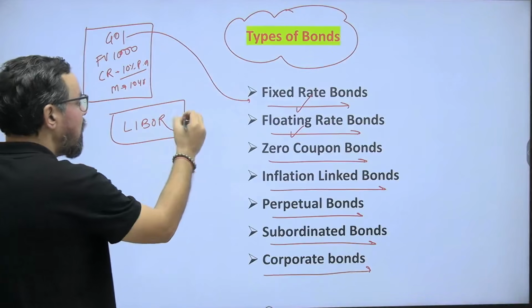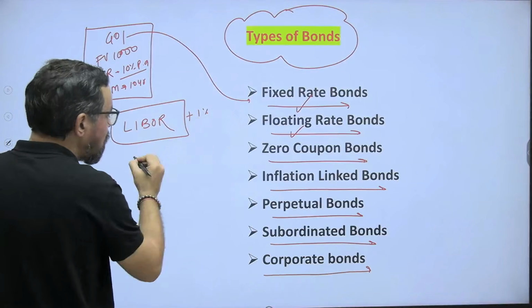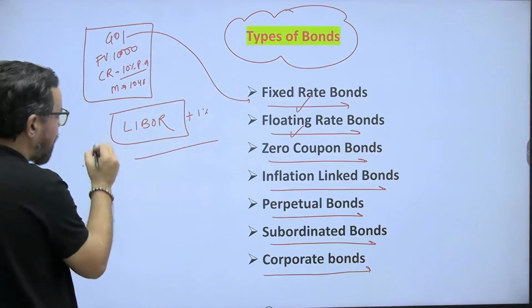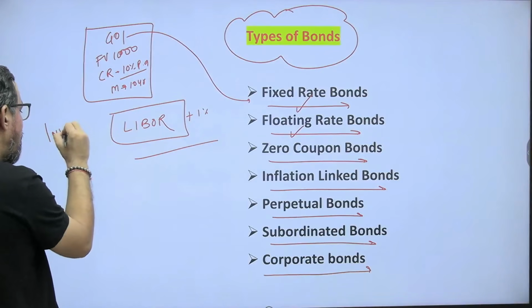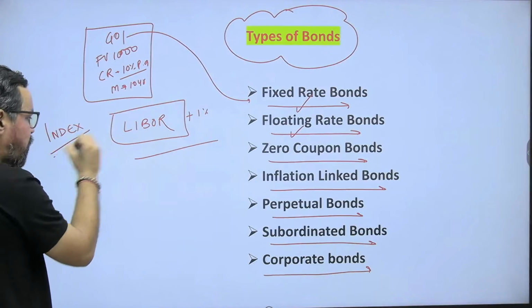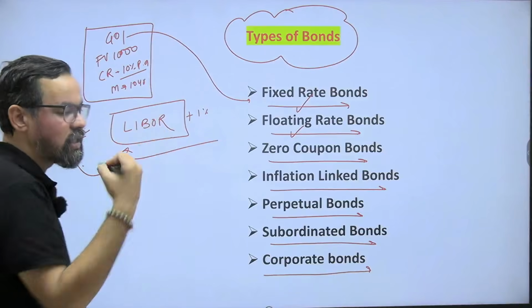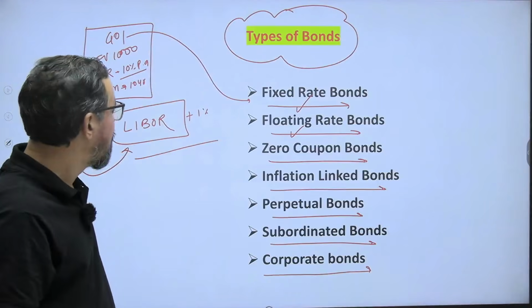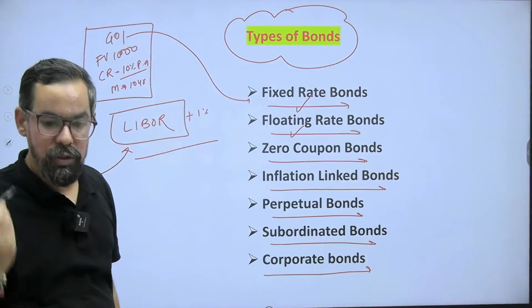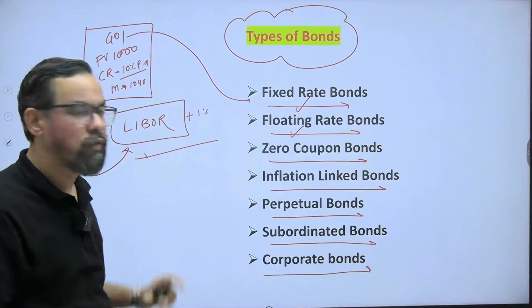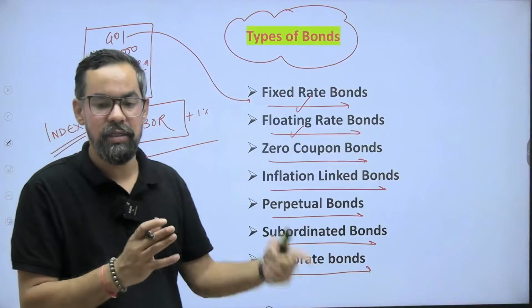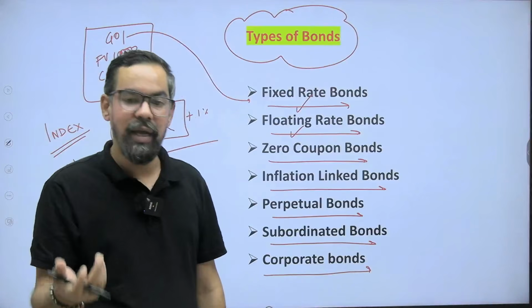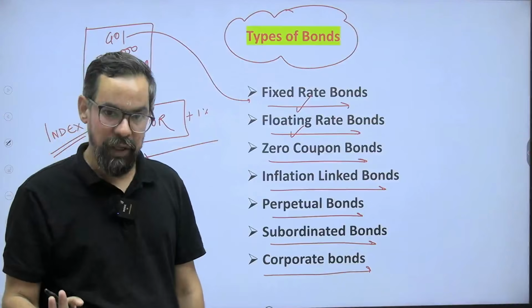Let's say it is LIBOR plus 1%. So whatever changes in this particular index, these are index linked bonds, okay? So as this index rate gets changed, similarly the interest rate of the bond will also get changed, okay? So that is your floating rate. So they are linked with some indices. That indices can be any benchmark, right?